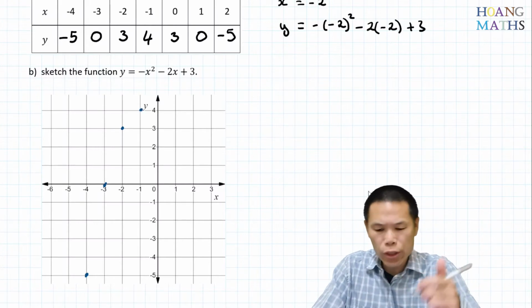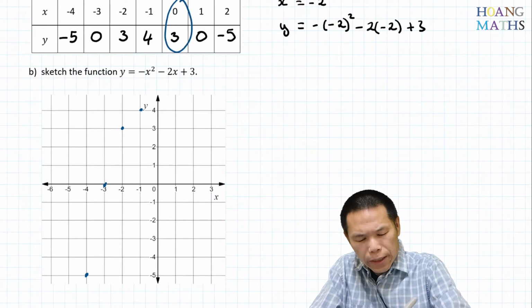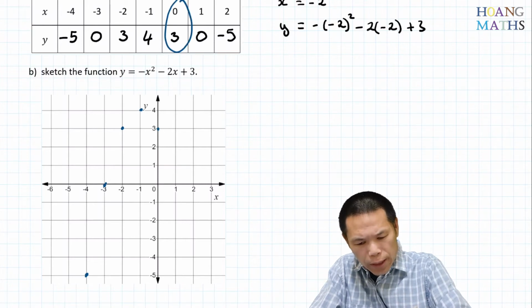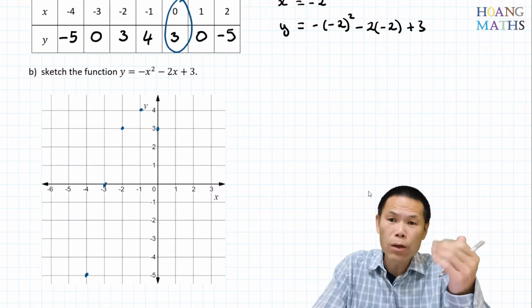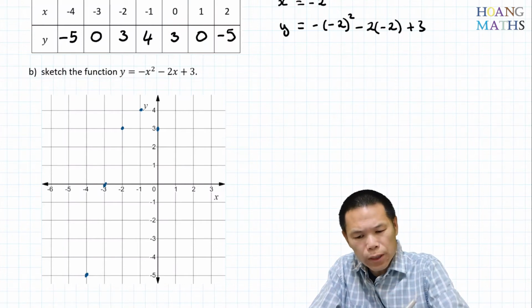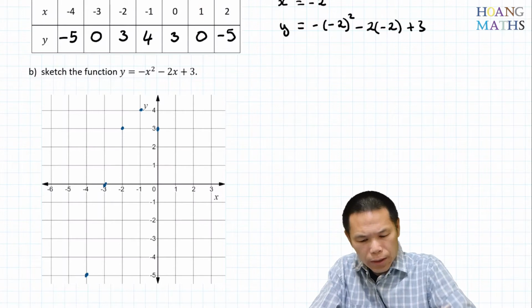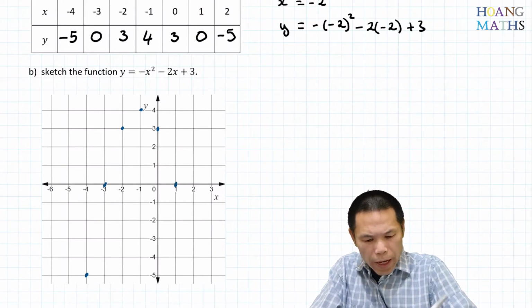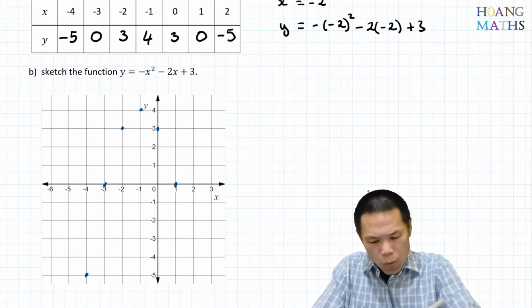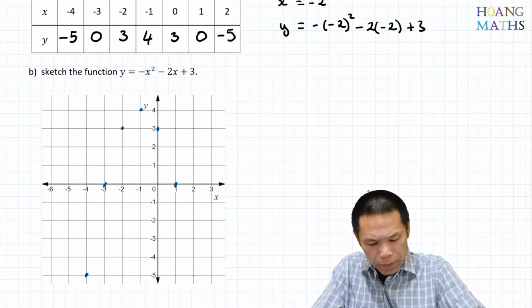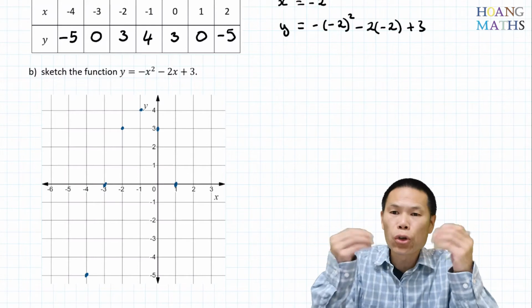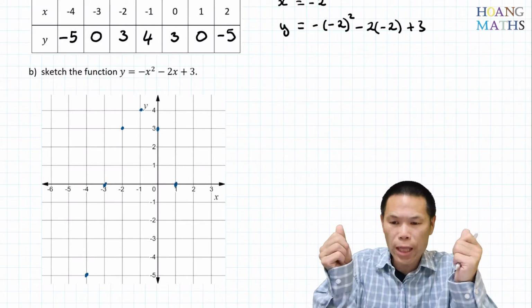And when x equals 0, y is equal to 3. So 0, 3 is here. And when x is 1, y is equal to 0. So 1, 0 will be here. And when x is equal to 2, y is equal to negative 5. So it's here. Now I just join these points together.